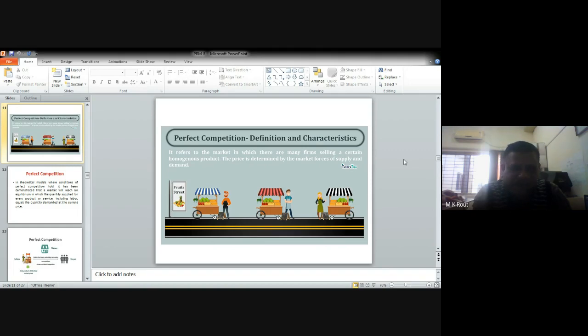In this example, each seller provides the same homogeneous product, but the price is determined by the market forces of supply and demand. Depending upon the balance between supply and demand, most companies never go for perfect competition. These are virtually never seen. Suppose you open a farm, there are two to three competitors.